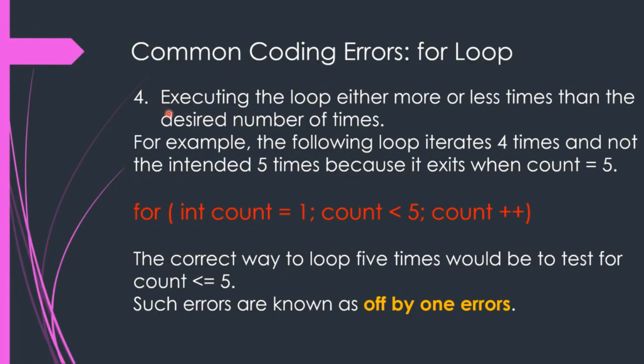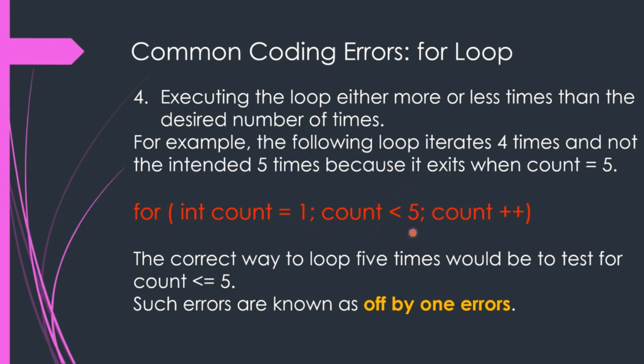Next is executing the loop either more or fewer times than the desired number of times. For example, the following loop iterates 4 times and not the intended 5 times because it exits when count equals 5. Suppose we wanted to iterate the loop 5 times. So here we provided the initial value as 1 and the test condition value as 5.